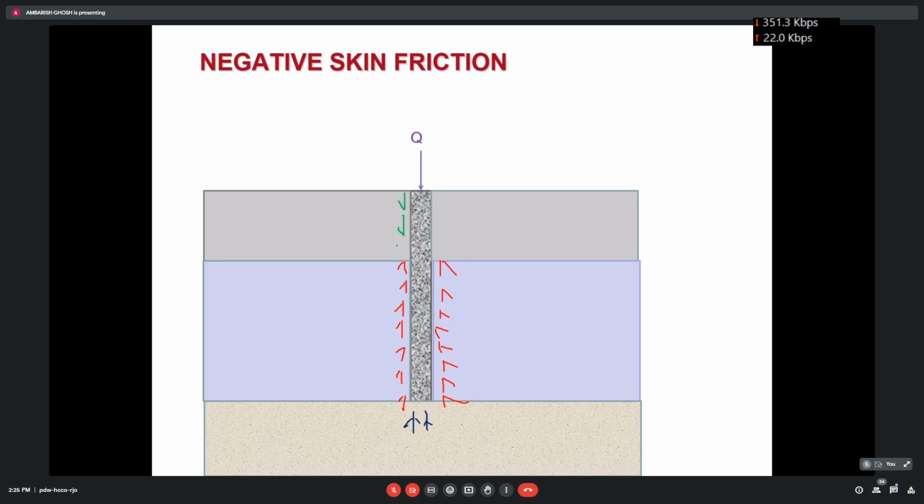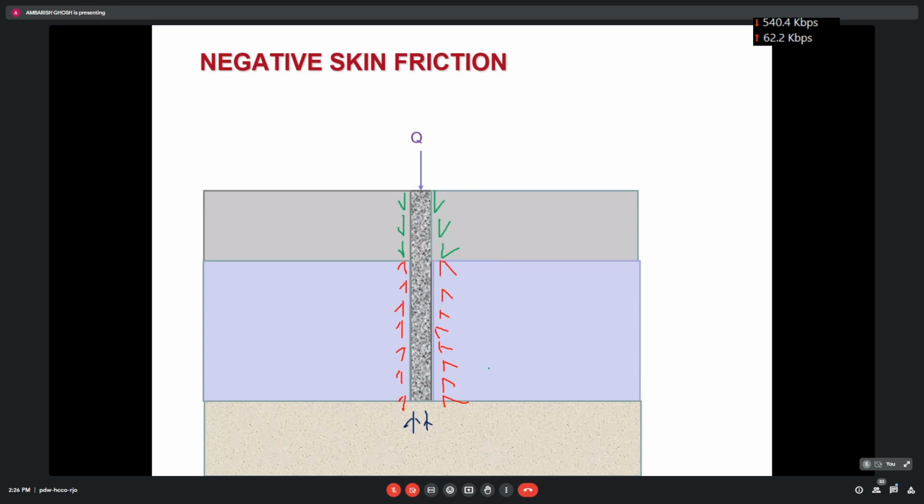Now you compare both the figures, this figure and the earlier figure. In this case, what is happening? You can see very simply from the free body diagram. This friction plus point bearing minus this friction is the capacity, yes or no?